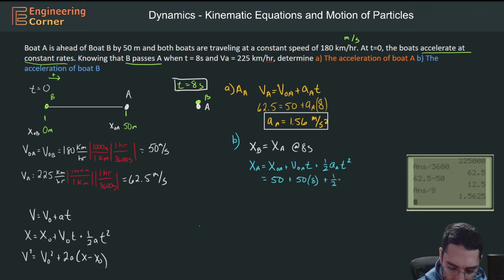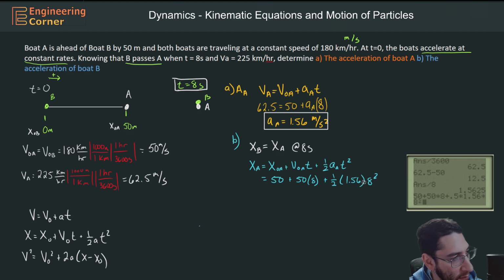And my acceleration I just found is 1.56. So I can put that into the equation: 50 plus 50 times 8 plus 0.5 times 1.56 times 8 squared.